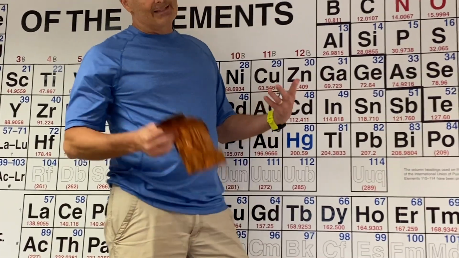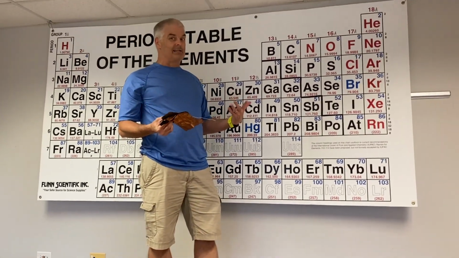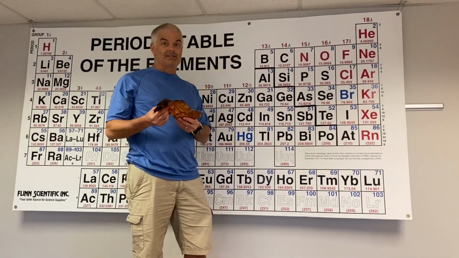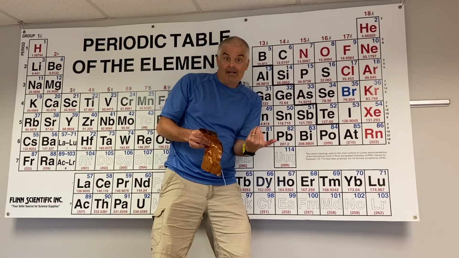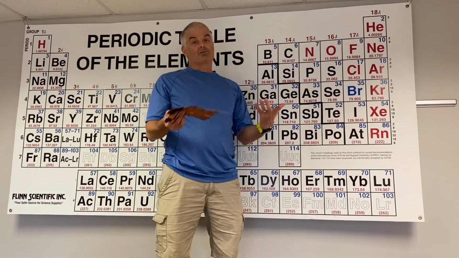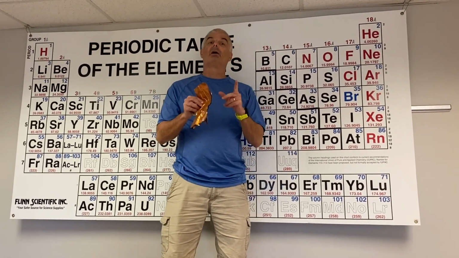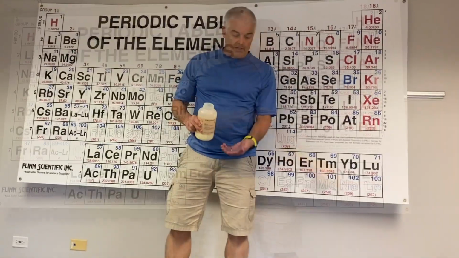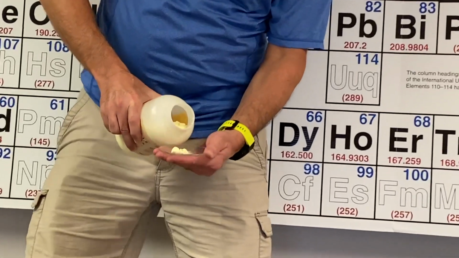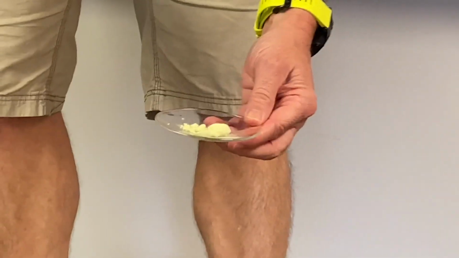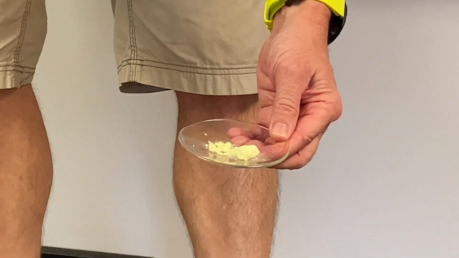The non-metals are like the opposite of metals. So we define them as not malleable, not ductile, not conducting. I brought an example of a non-metal: sulfur. If you zoom in on this, it's a yellow powdery stuff, not shiny.